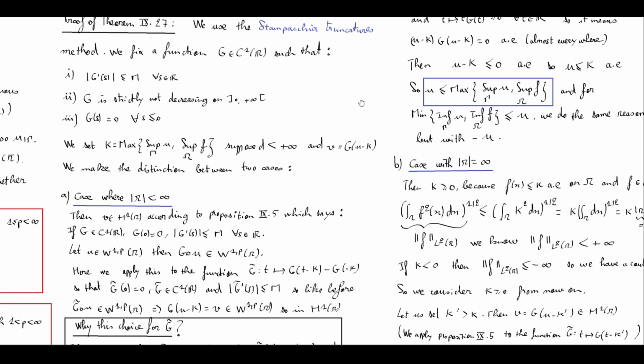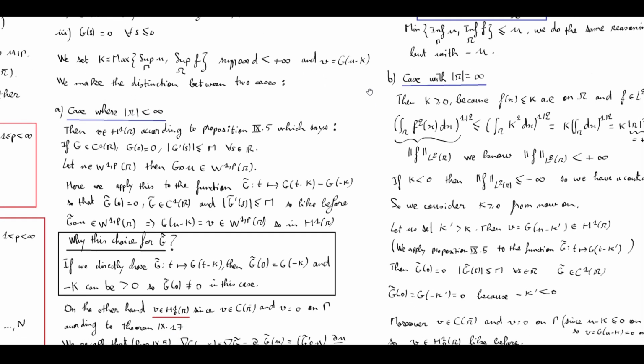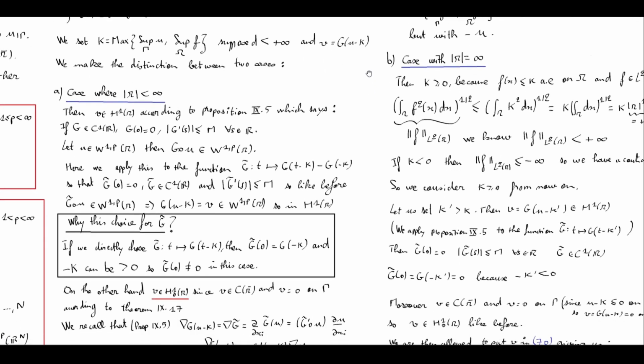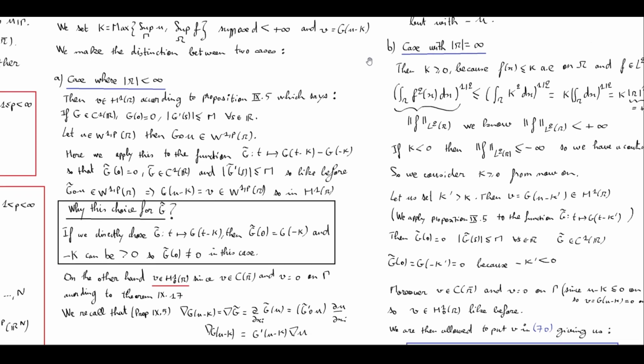The case where the measure, the length of omega, is finite. Then v is in H1 according to proposition 9.5, which says if g is C1, g of 0 equals 0 and the derivative is bounded, and u is in W1P of omega, then the composition of g and u is also in W1P of omega.